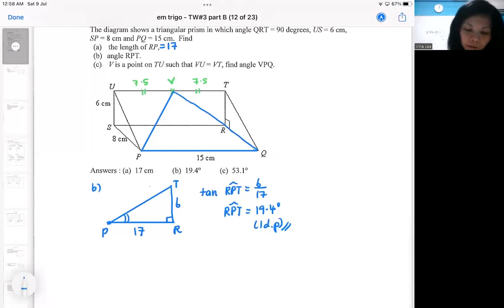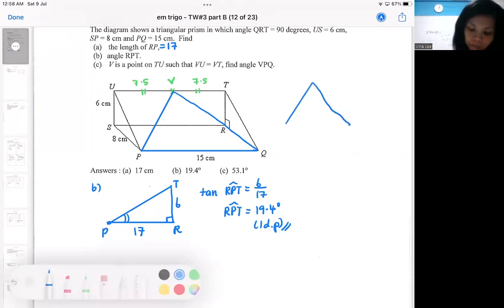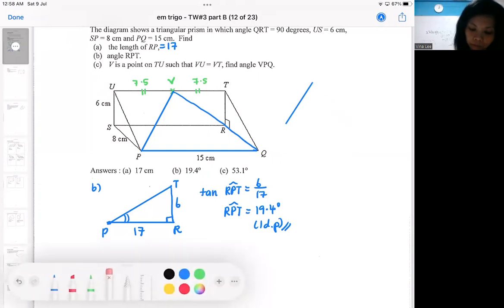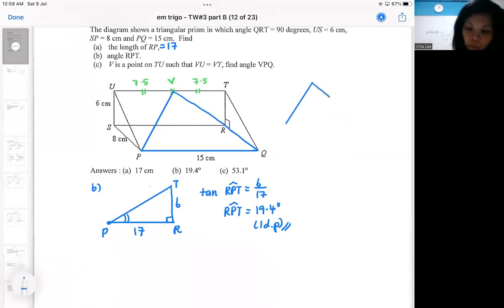Okay, so maybe this triangle is really not so nice. And there is no right angle in this triangle. So VPQ.